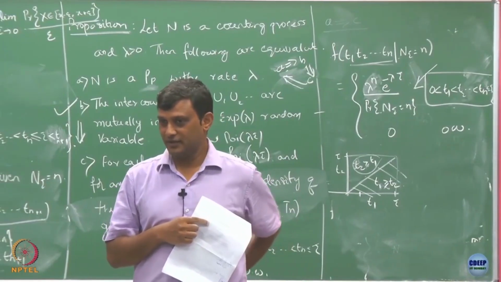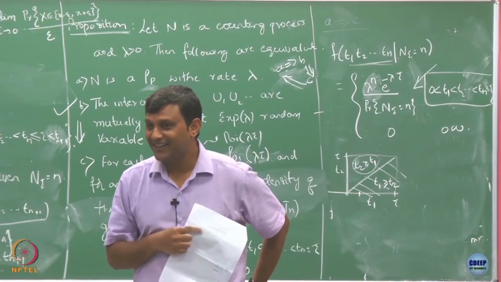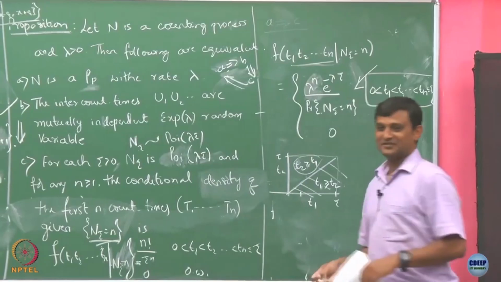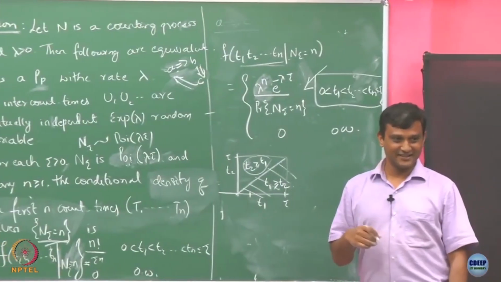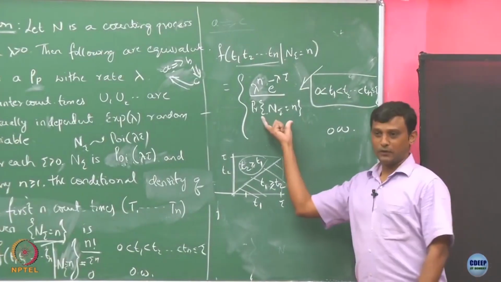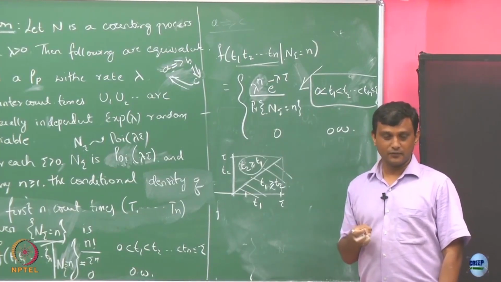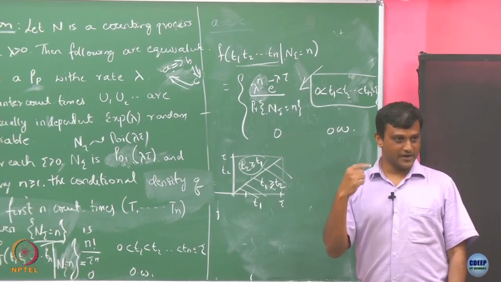Why should that be? That is the result. Fine, let us take it as a result. So what do you expect this value to be equal to? One by that quantity, right, tau to the power n divided by n factorial.